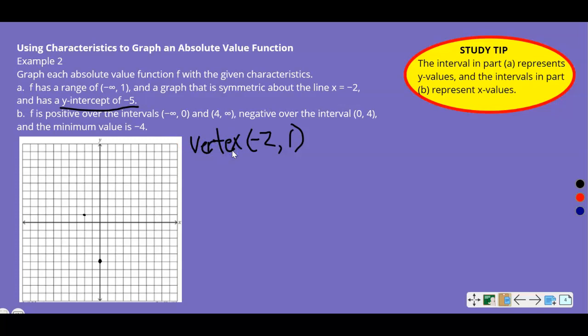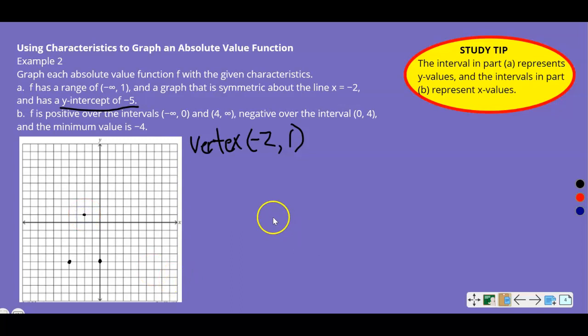And then we know the axis of symmetry goes through the vertex. So there's this imaginary line that cuts this V in half. So we can say this is 2 units from the axis of symmetry. If I go 2 units from the axis of symmetry in the other direction, there is going to be another point that goes with that.